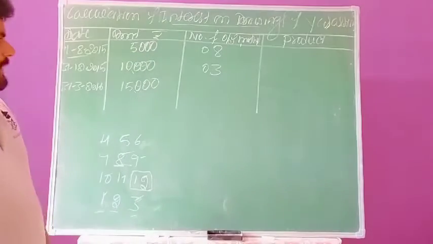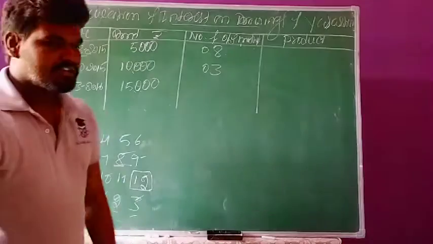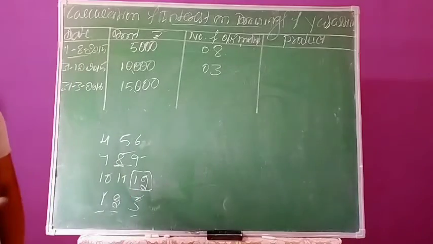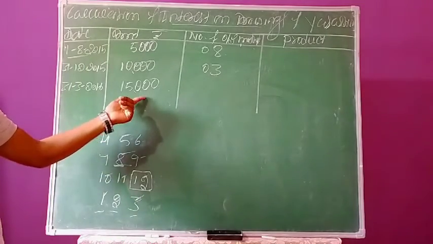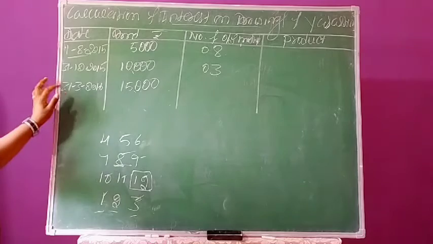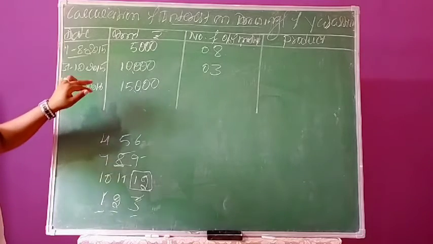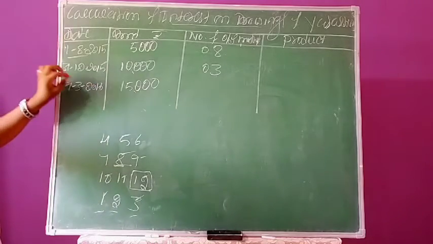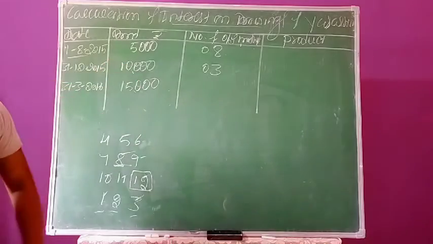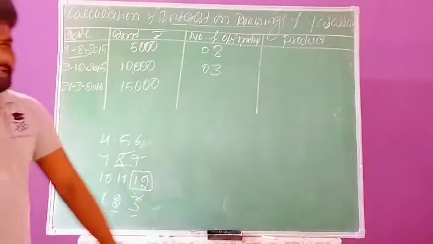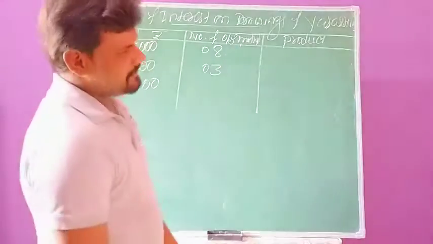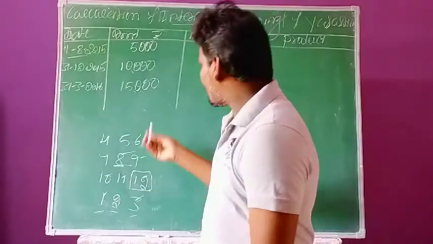And the next date: how much amount did they withdraw? 15,000. When did they withdraw? On 31st March 2016. On this date they withdrew 15,000, but we are not able to record an outstanding period because it is the end of the month.